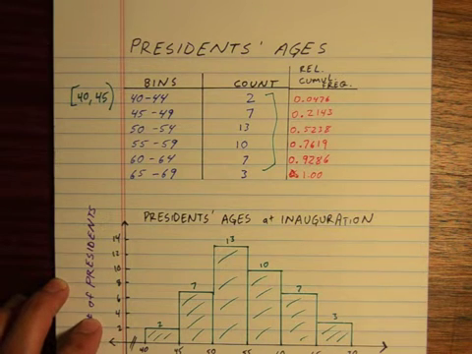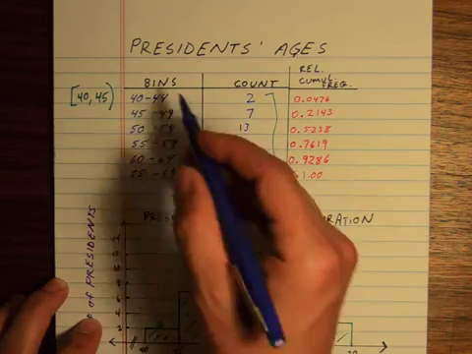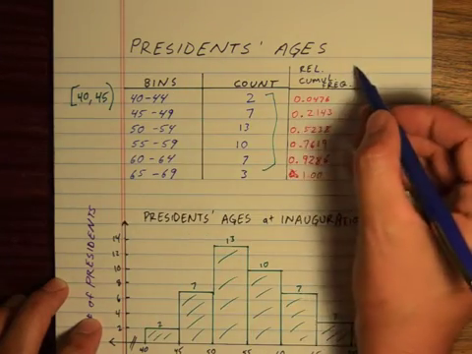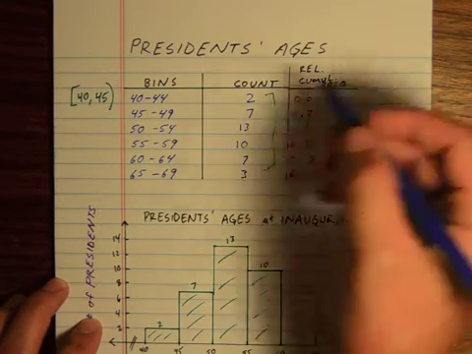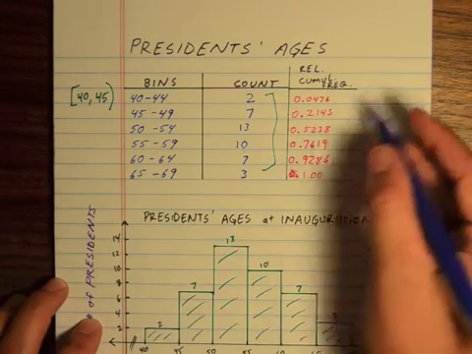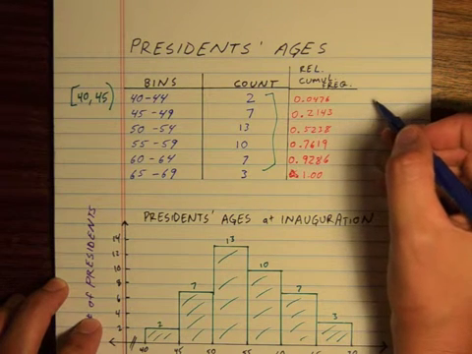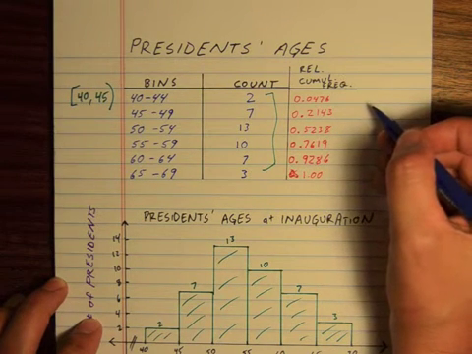So in order to make an ogive plot of the presidential age data, we're going to take our original bins and now this relative cumulative frequency that we've calculated. And these two data points will create one coordinate point. In other words, an x and a y point.